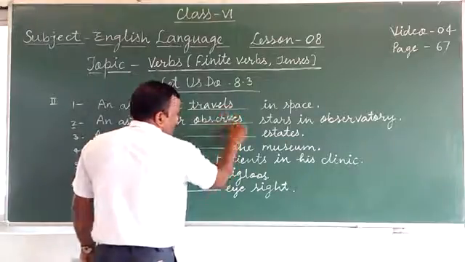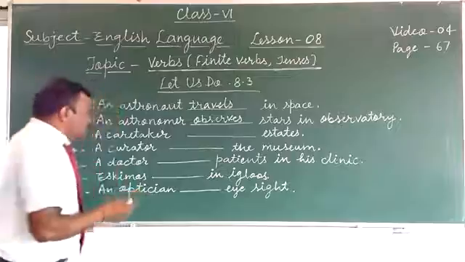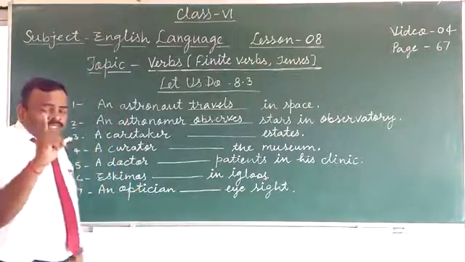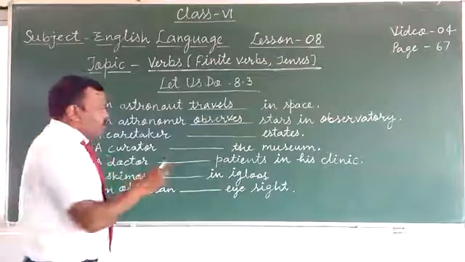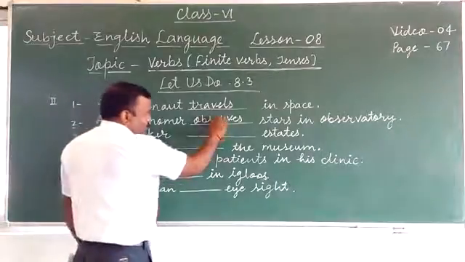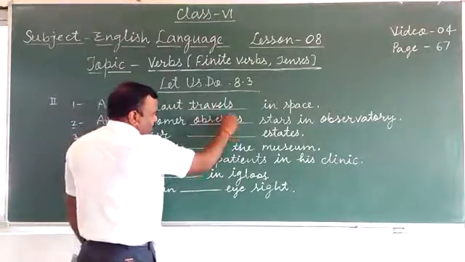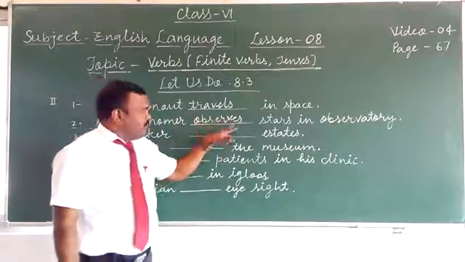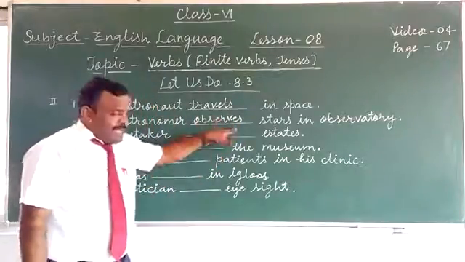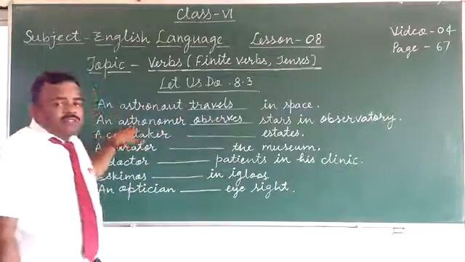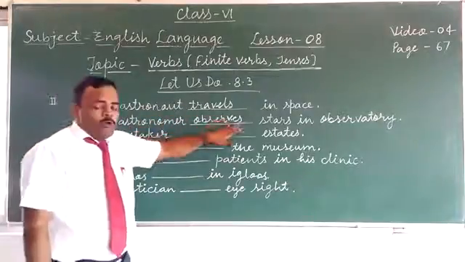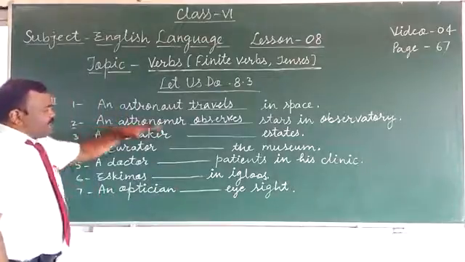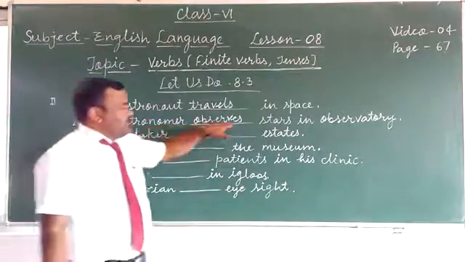Why? S is added because the subject is singular. An astronomer means one person. So we will add s to the first form of the verb. Observe is the first form of the verb. So we add s because the subject is singular, and the verb also will be singular. So your full sentence will be: an astronomer observes stars in observatory.